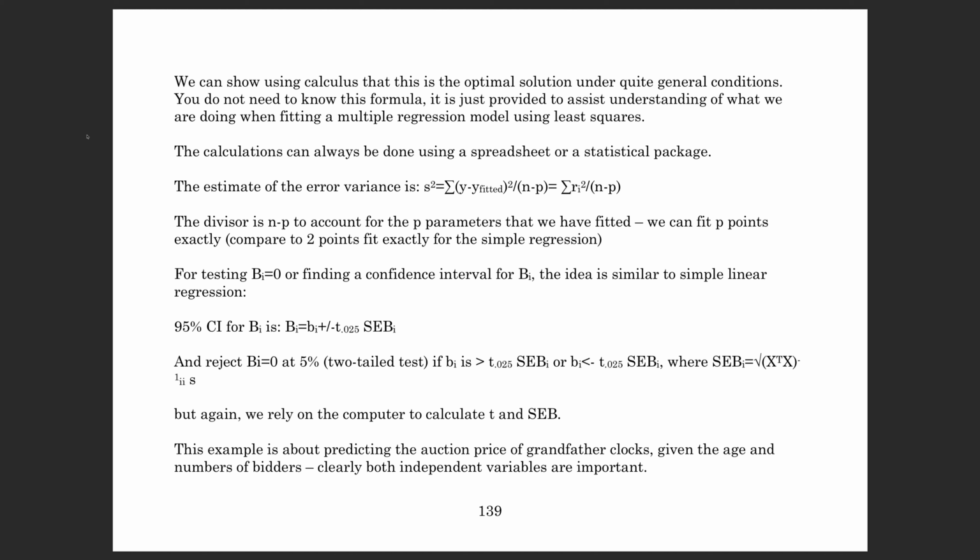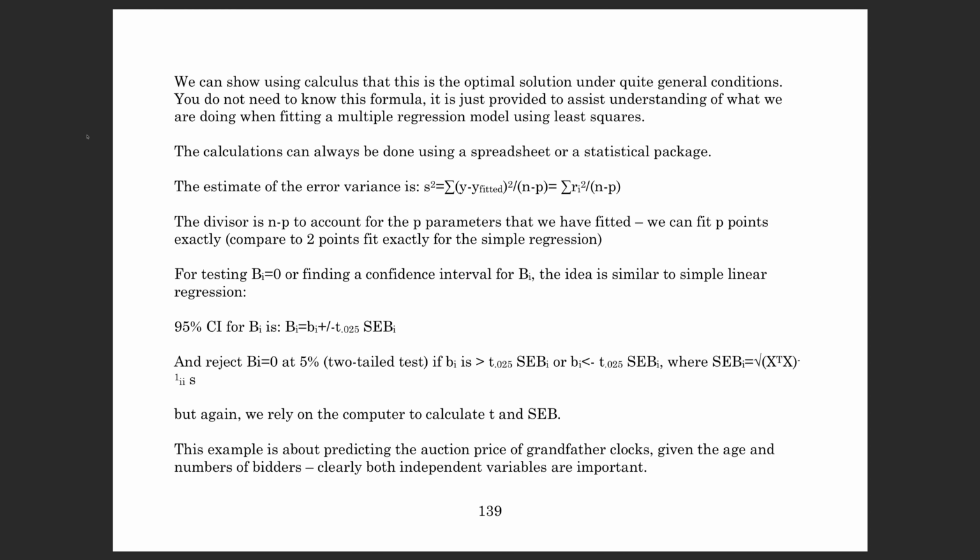So what is the standard error of bi? Well, it turns out we can write this in a very simple form. It's just the ith element of x transpose x inverse, taking the square root, and then we multiply this by s. So again, the standard error of any of these coefficients is proportional to s, but the proportionality constant depends on this x transpose x inverse matrix.